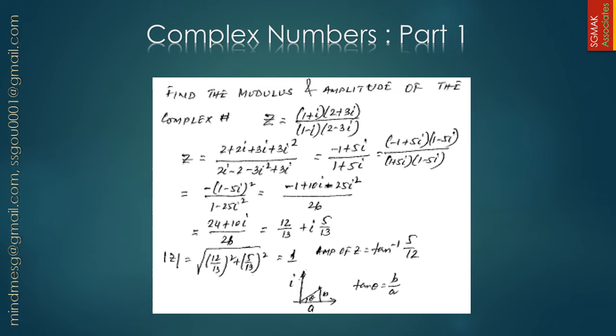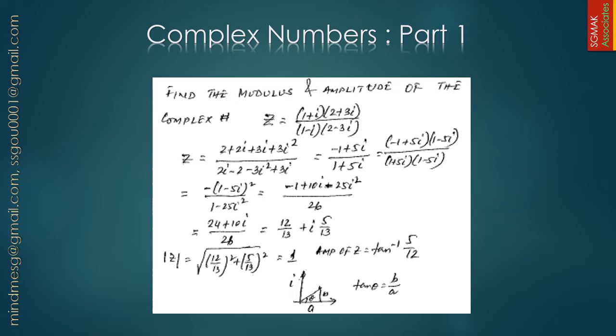We want to get rid of the imaginary part from the denominator. So we get (1 minus 10i plus i minus 25i squared) divided by 26. i squared is minus 1. So this expression comes out to be (24 plus 10i) over 26, or you can write it as 12 over 13 plus i times 5 over 13.